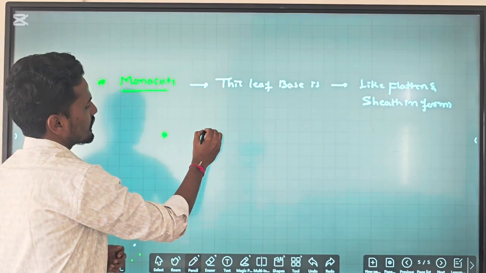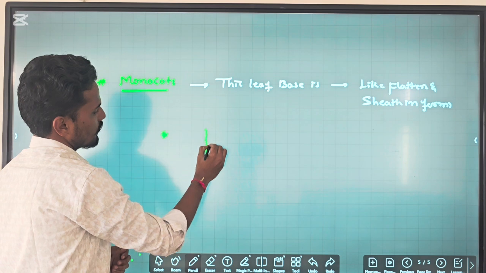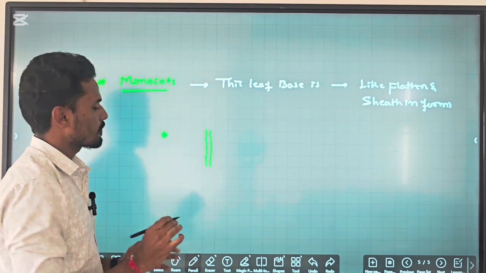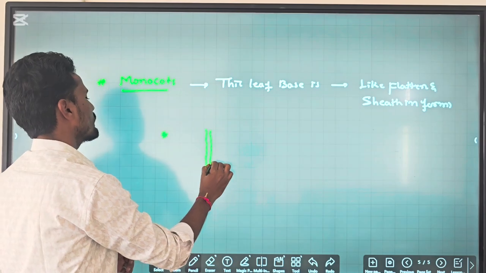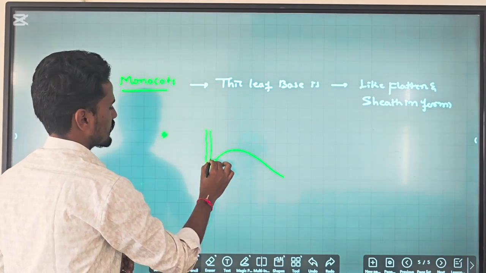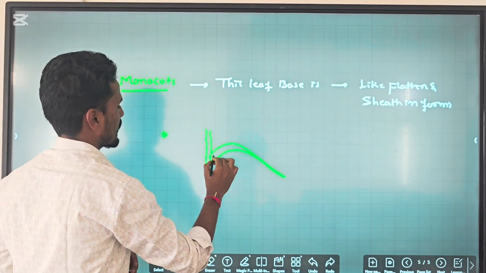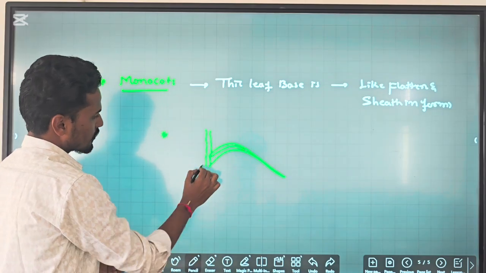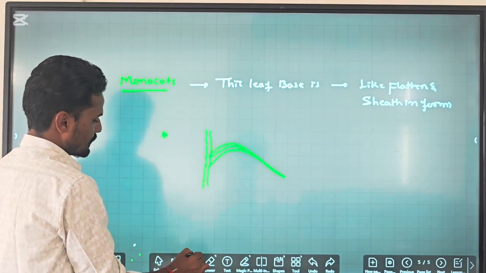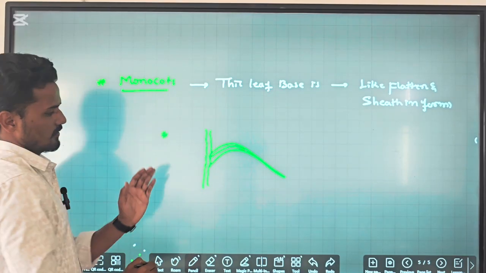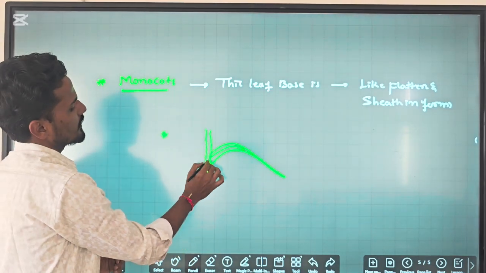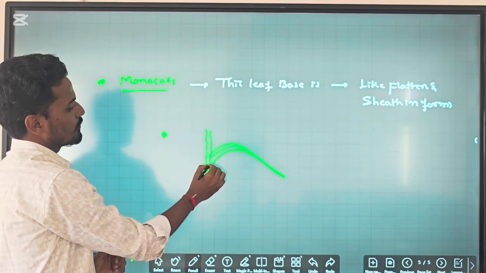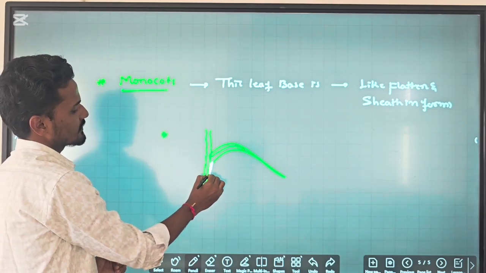The morphological structure of these commonly monocot plants shows a leaf like this. When we see the bottom of the leaf, the petiole is absent, and the basal portion of the leaf becomes flattened like this.